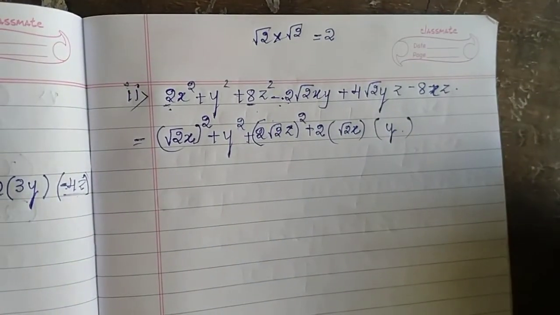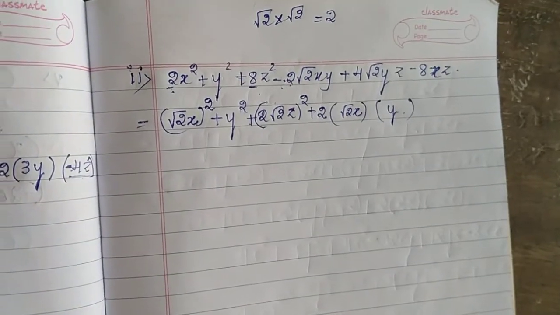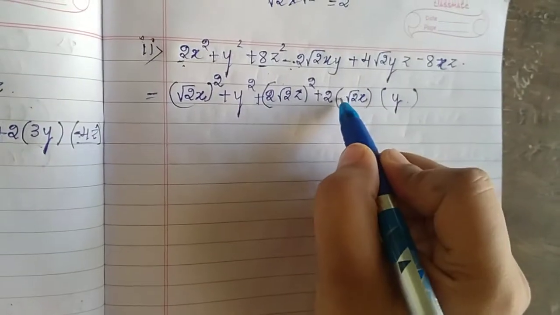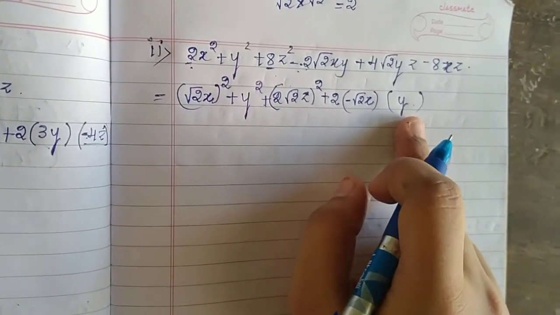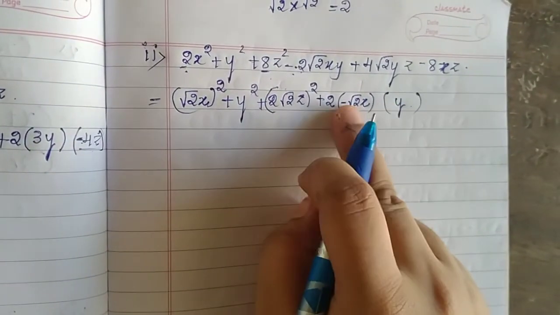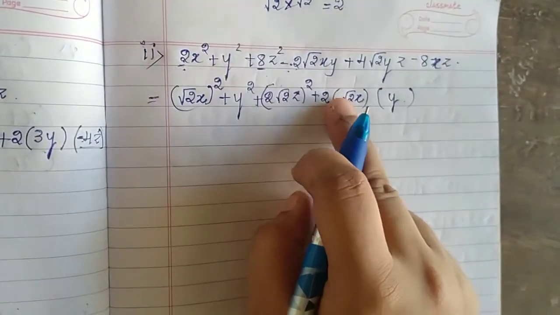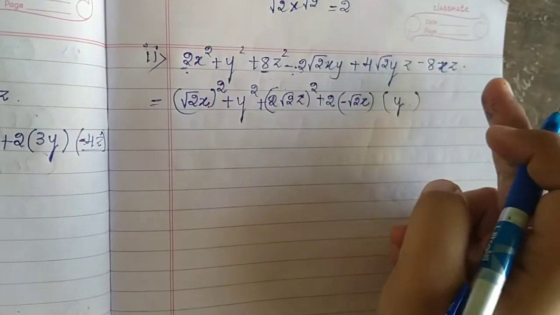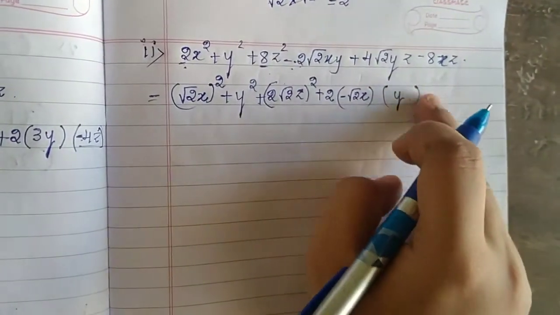So here the term should be negative, so I am going to put the minus sign. Because when I put the minus sign on this number, the product we get after multiplication will be minus 2 root 2 xy only. So for that sake I am going to keep the minus sign over here. If you want to keep it here, you can.